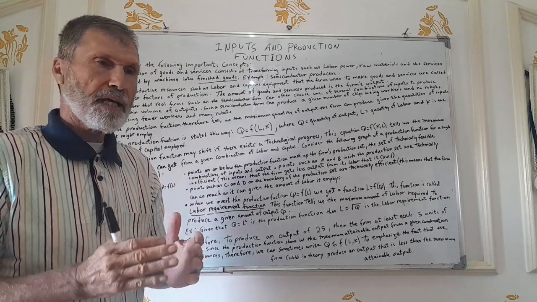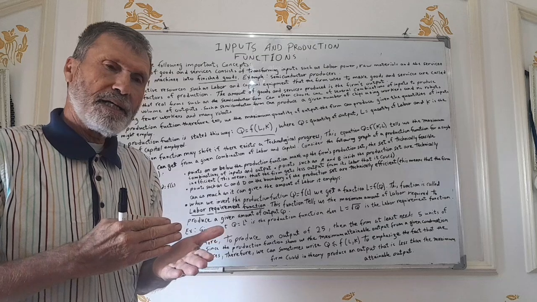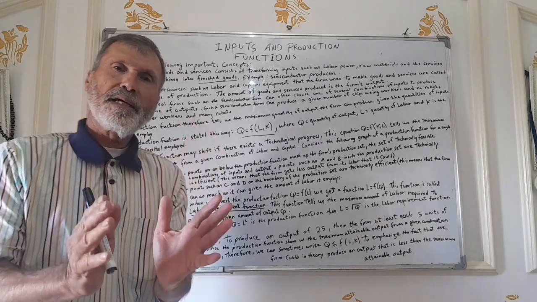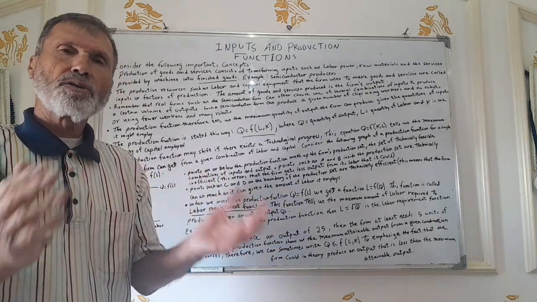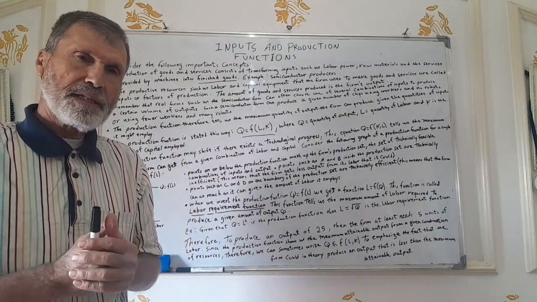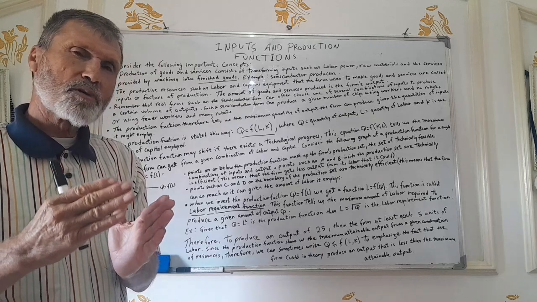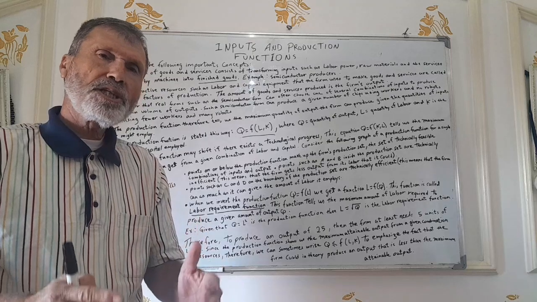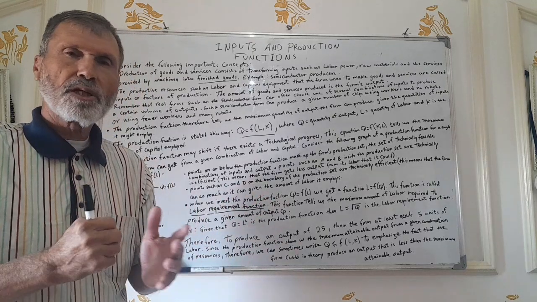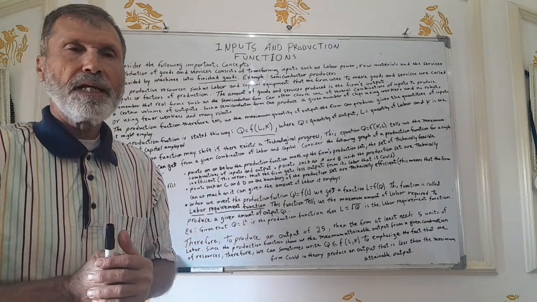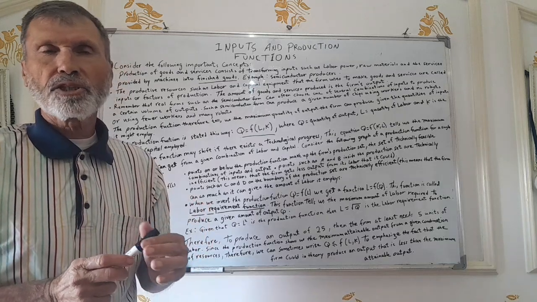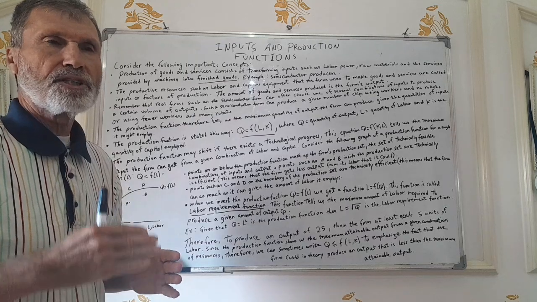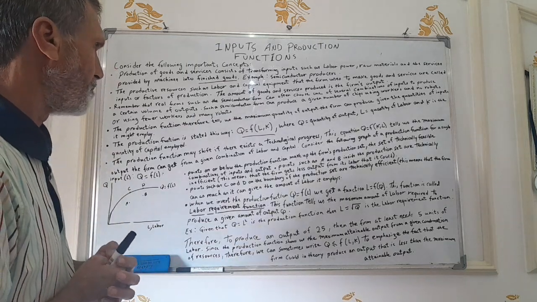Okay, and when these technological backgrounds or conditions change over time, then we expect the production function to shift. So the change in the exogenous technological conditions is known as technological progress. Okay, and whenever they change, of course, we will have a shifting of the production function.